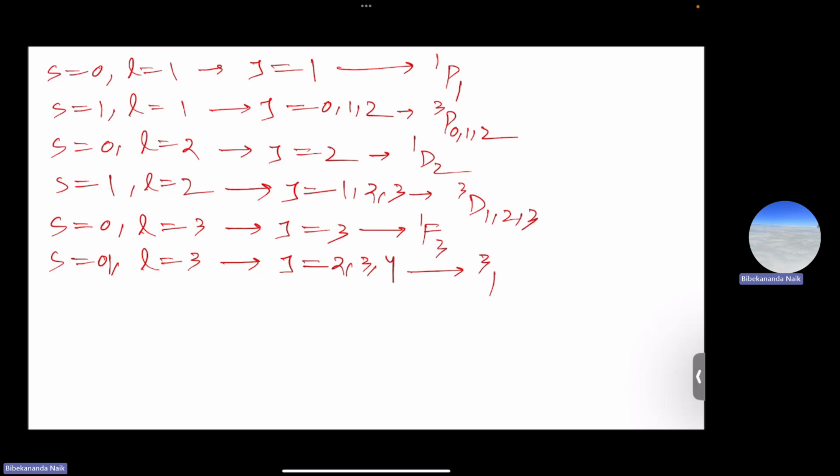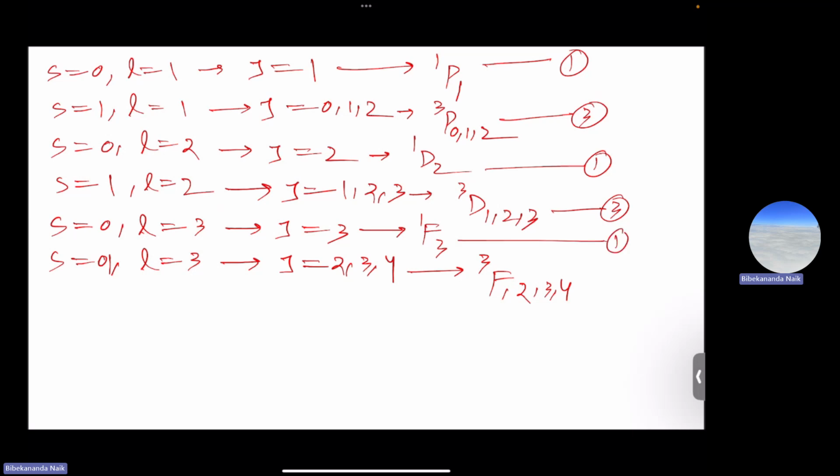It will be 3F 2, 3, 4. So this is one term, this is three terms, this is one term, this is three terms, this is one term, this is three terms. So in total there will be 12 spectroscopic terms.